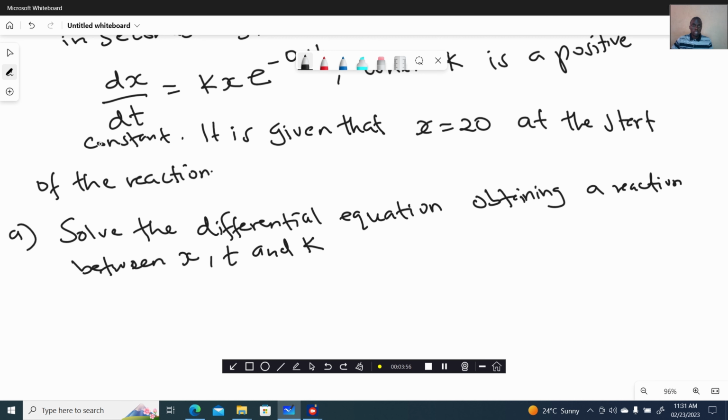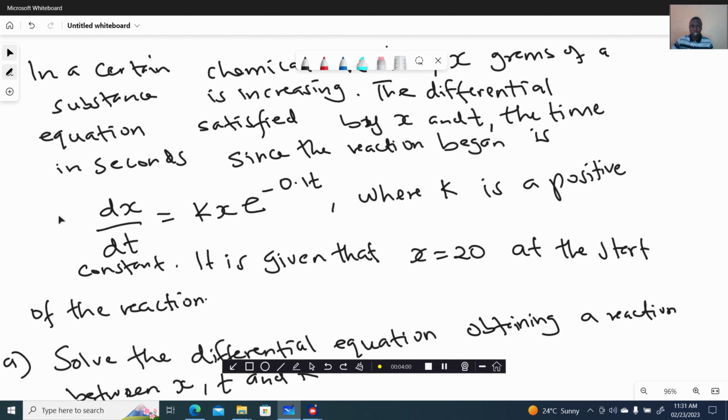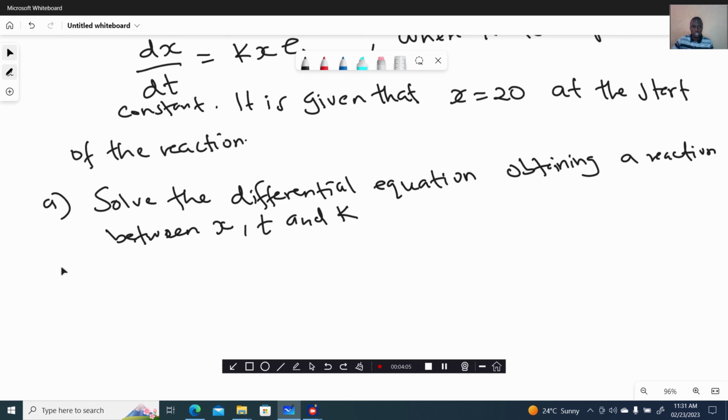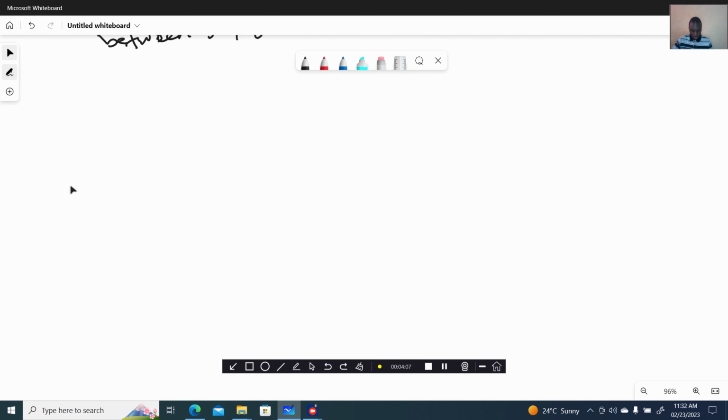This is a good question. It came from this topic, differential equations, but these ones are ordinary differential equations because we don't have partial derivatives in them. So we'll not talk about the ODEs and the PDEs because they are not in this syllabus. So we'll start by writing down our differential equation.